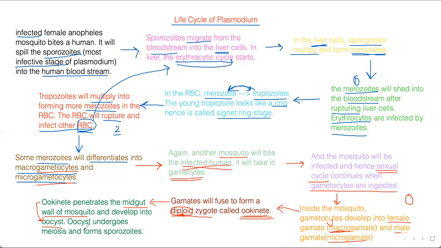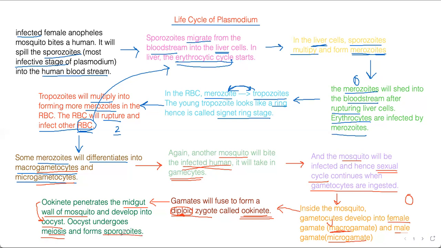And the oocyst undergoes meiosis. So you can see that in the mosquito, asexual as well as sexual reproduction both take place, right? So the oocyst undergoes meiosis and forms sporozoites.